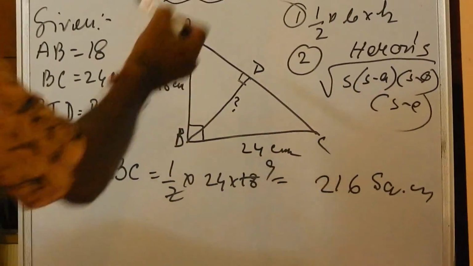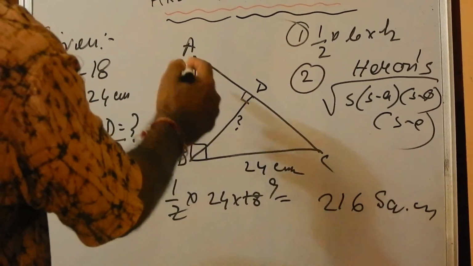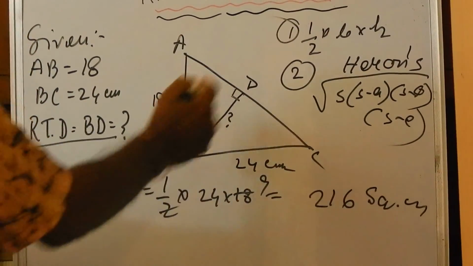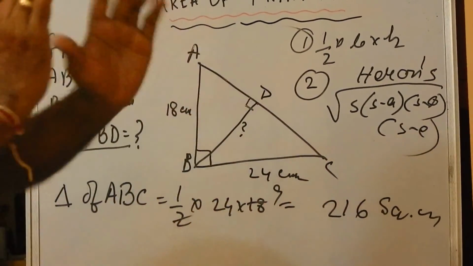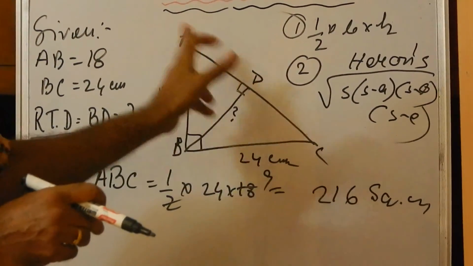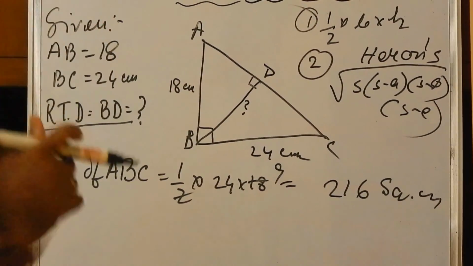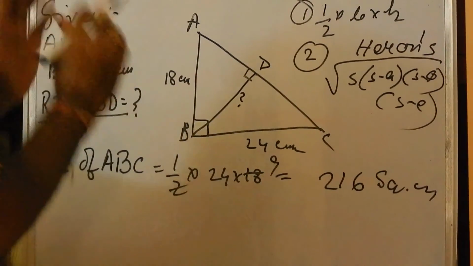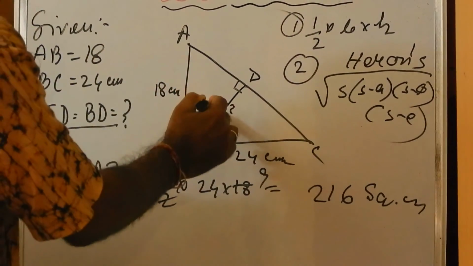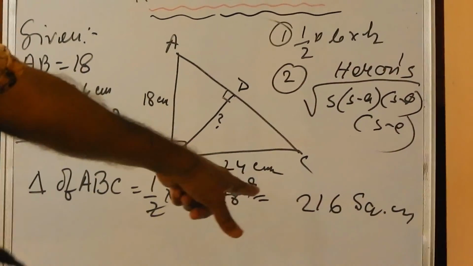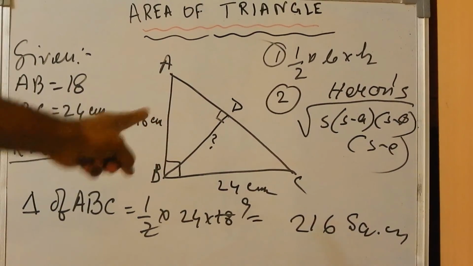And if you tilt the triangle a bit, you will see BD is the height. If BD is the height, where BD falls on AC, AC may be taken as the base also, and from there we will get an area also. There BD is unknown, so we can equate it with this numerical value and easily get the value of BD.